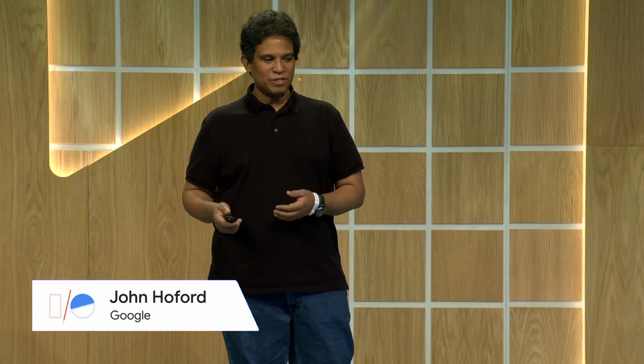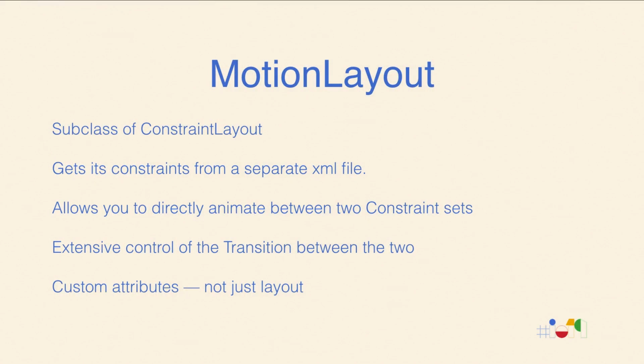Okay. So for those who don't know, motion layout is a subclass of constraint layout. It has a separate XML file for the constraints and the motion elements called a motion scene file. And it allows you to directly animate between two complete constraint sets.